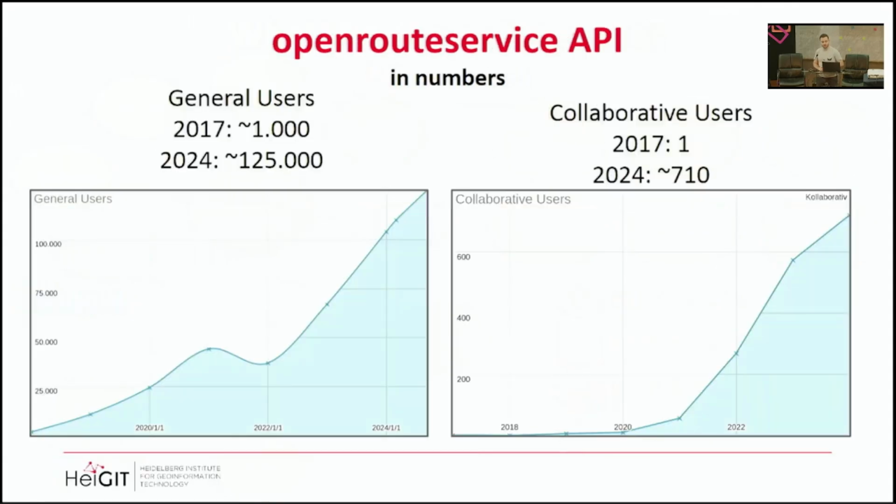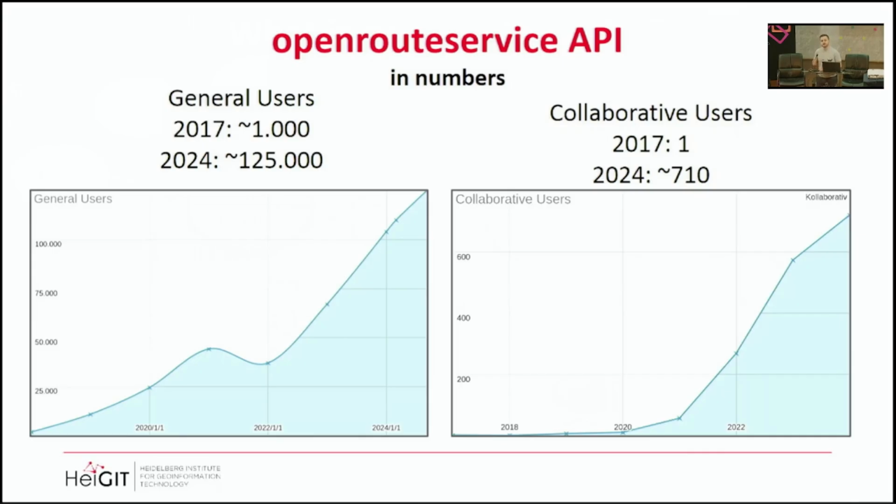Okay. Maybe some insights into the numbers of our public API. As I said, we have a global API, so people from all over the world use us. We started in 2017 with offering a public API, and it grew from 1,000 in the beginning to 125,000 today. But this is not the main focus that we have. The main focus are our collaborative users.